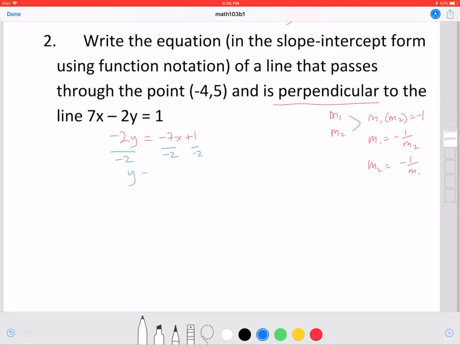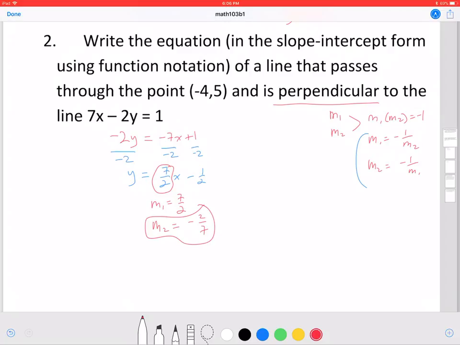So I have y is equal to 7 over 2x minus half. And this gives me my slope, slope 1. I'm going to call that m1 equal to 7 over 2. And remember, this relationship right here is going to give me m2 is -2 over 7. So that's my slope information.